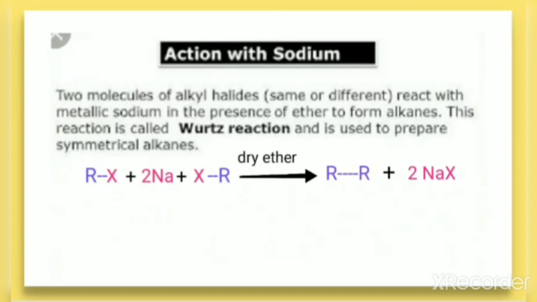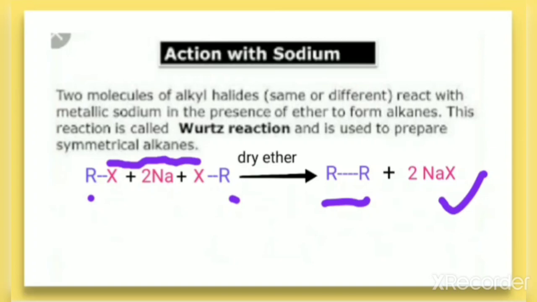One R is remaining here and one R is remaining here. So when 2 X and 2 Na are removed as the side product 2NaX, at that time this R and the second R, that means two alkyl groups, get bound together to form the product, that is a hydrocarbon.